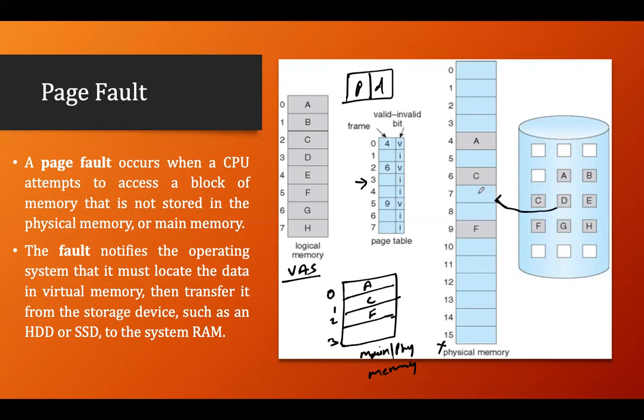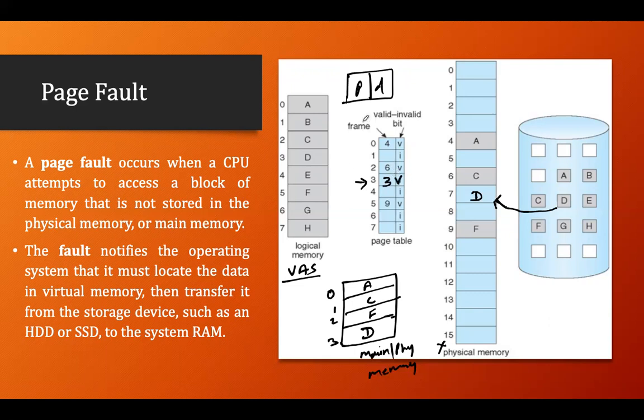Let's say it is coming here. What is the location of D right now? It is in the third frame. So right now this one is going into the third frame, and the entry is valid.